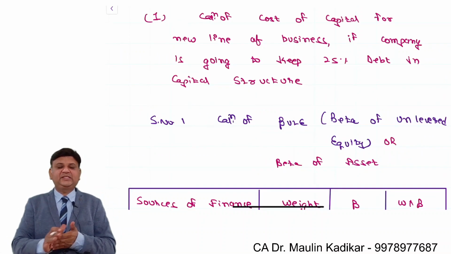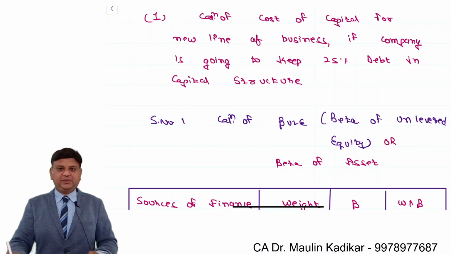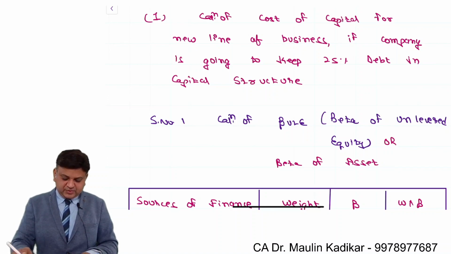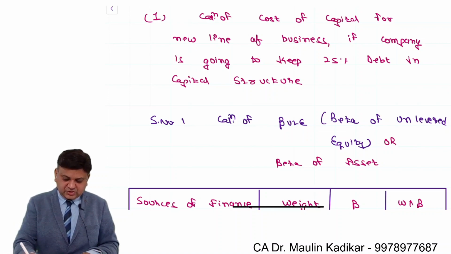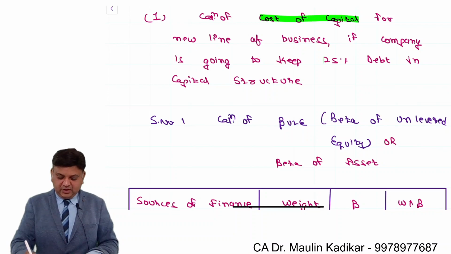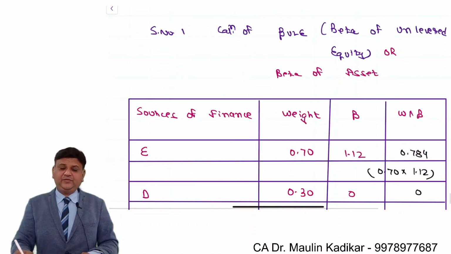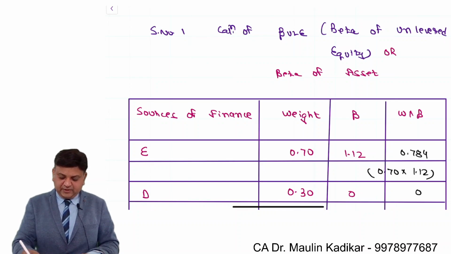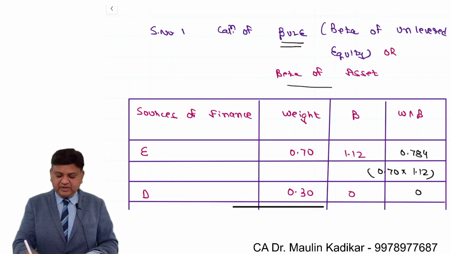So I just repeat the sequence in which we have done the answer for the first question. The first question is calculation of the cost of capital for the new line of the business if the company is going to have 25% debt in the capital structure. First of all, taking into account the proxy firm information, we have computed the beta of unlevered equity, means beta of the asset is calculated.